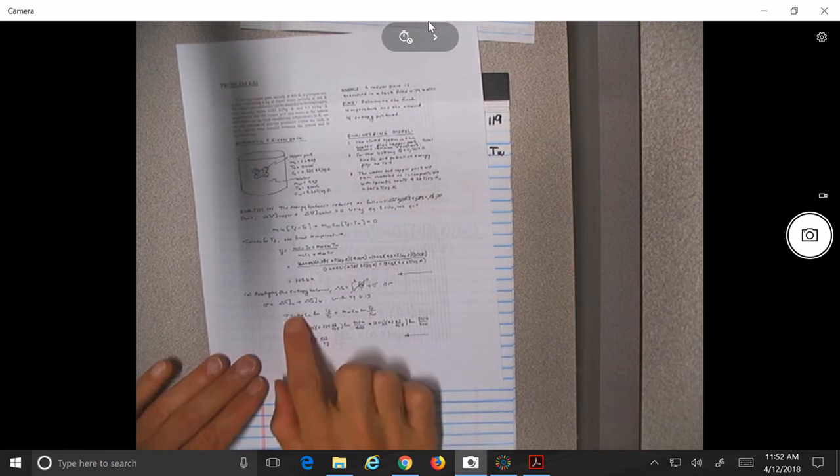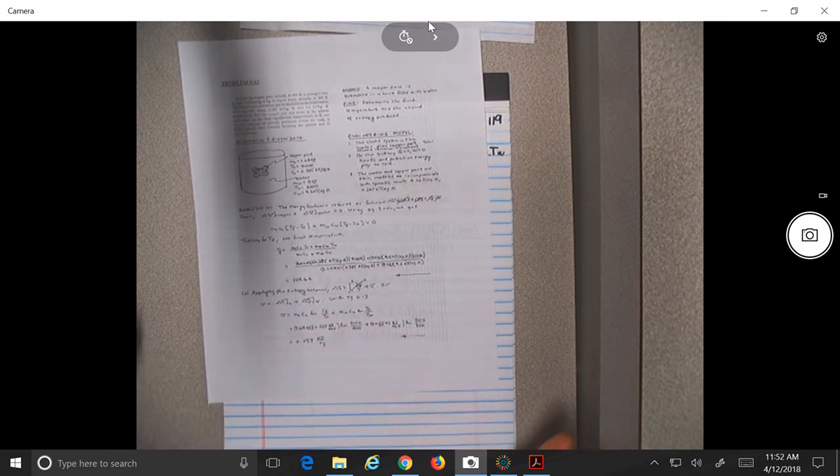They go and give you right away one equation. I don't want to see that. All right?